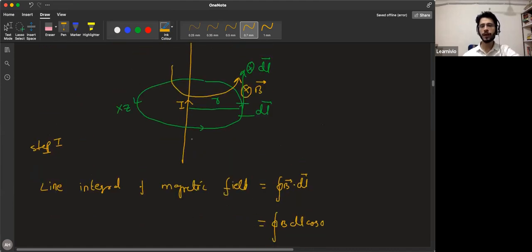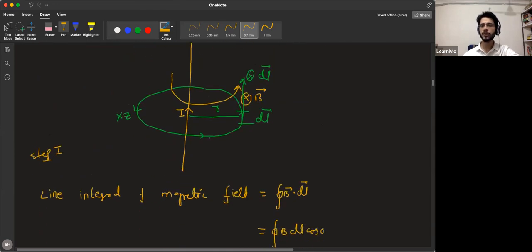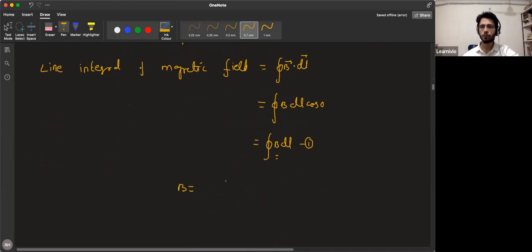Who is generating this magnetic field? A long straight wire is generating the magnetic field. What is the expression of magnetic field due to a long wire? Noah, what is the expression of magnetic field due to a long wire? Akshay, expression of magnetic field due to a long wire.